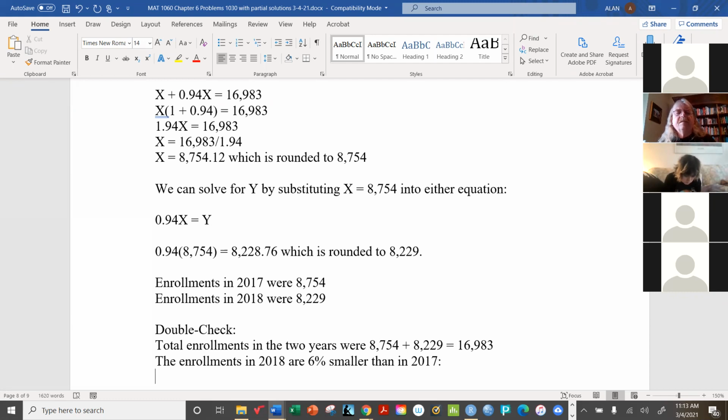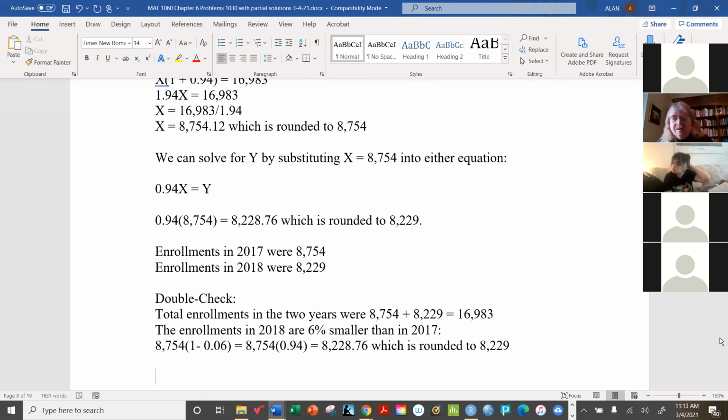And we can prove it by just noting that 8754 times 1 minus 0.06 equals 8754 times 0.94 equals 8228.76, which is rounded, of course, to 8229 when you re-round it. All right, that one's nice.